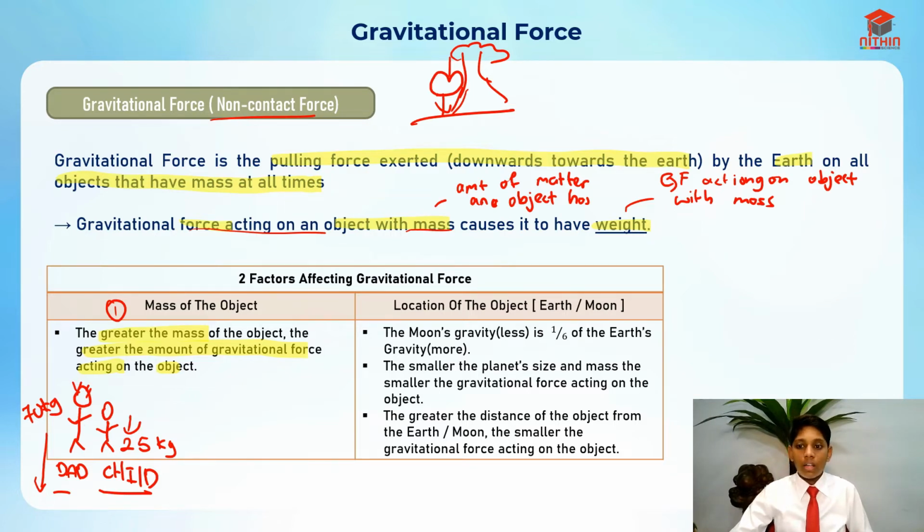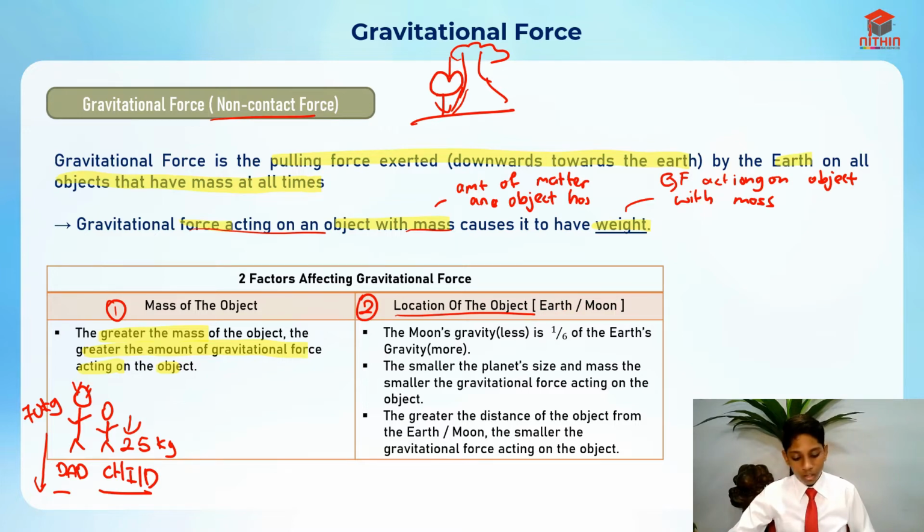Next, let's take a look at the next factor affecting gravitational force, which is basically the location of the object. And in this case, we are looking at the earth and the moon. Okay, so these are the only two things that they might test in PSLE.